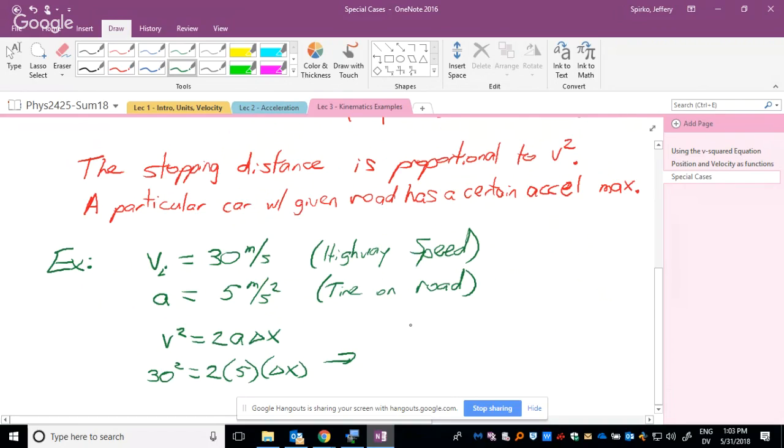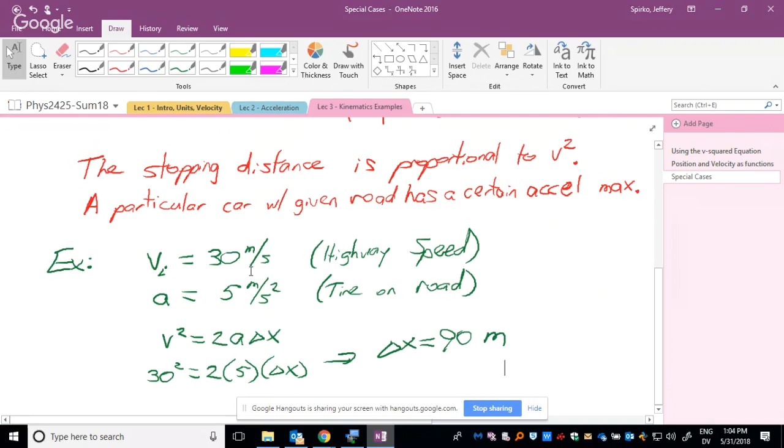So delta x is equal to 90 meters, which is something like 300 feet, which is a pretty long distance, a little less than 300 feet. So that's why we like to have lower speed limits in school zones, because we typically don't want cars to be running over our children. They're idiots and they'll run out in the middle of the road once in a while for no particular reason.